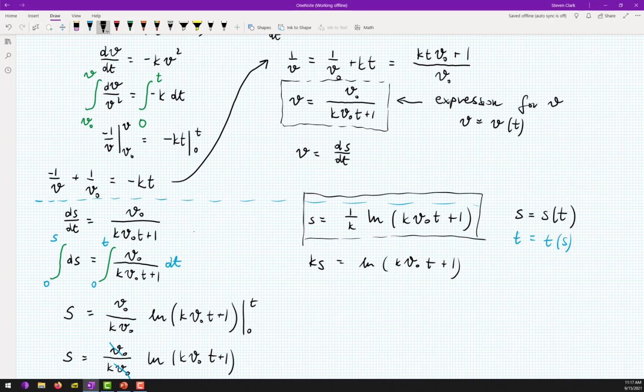I solved it yesterday. So that would be e to the ks equals k v0 t plus 1, and t is equal to 1 over k v0 times (e to the ks minus 1). Great. So this is our t expressed as a function of position.